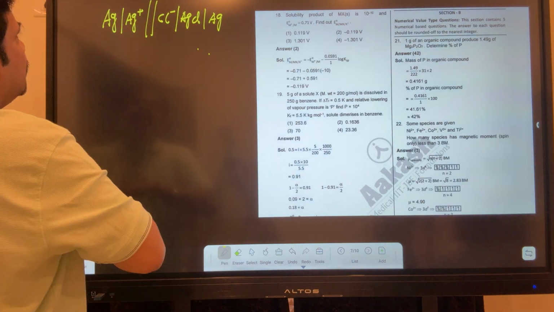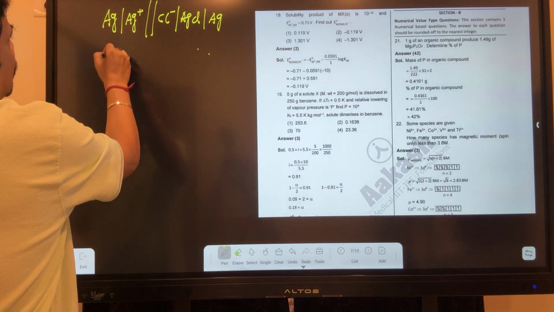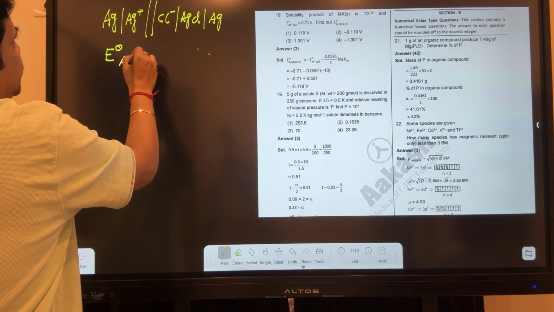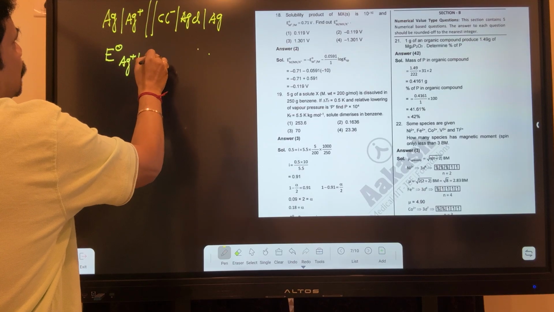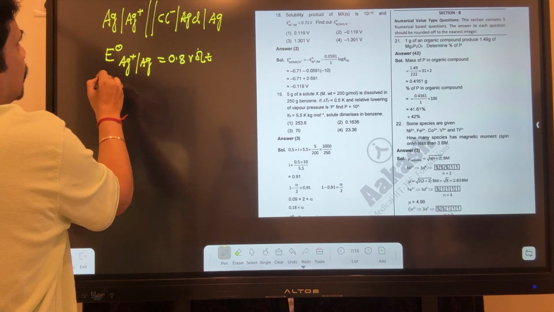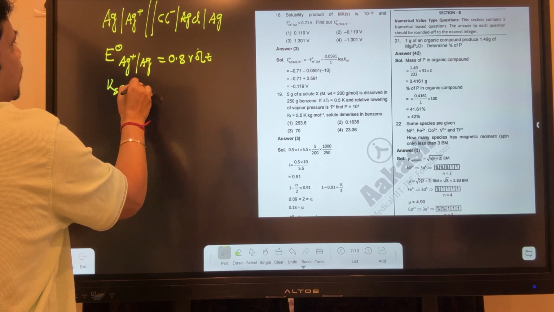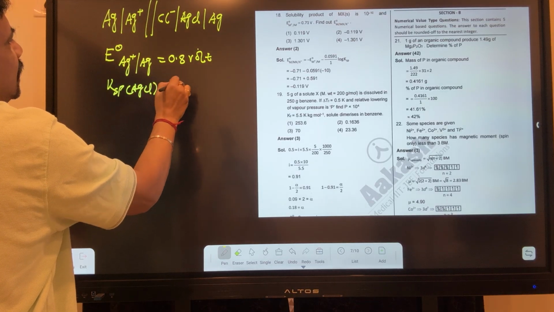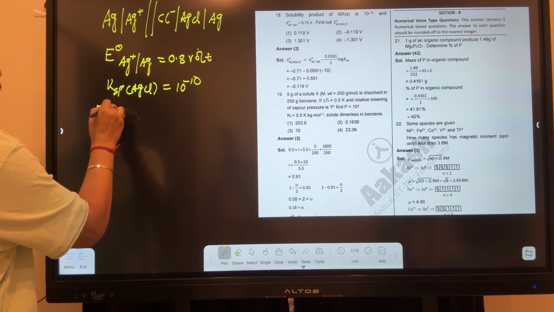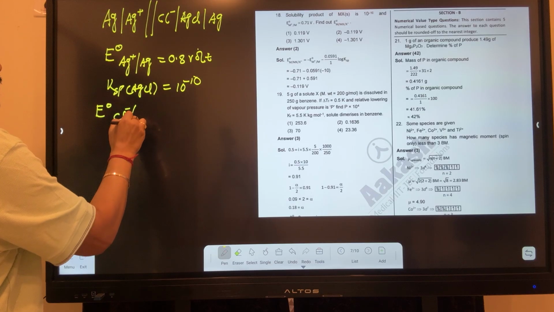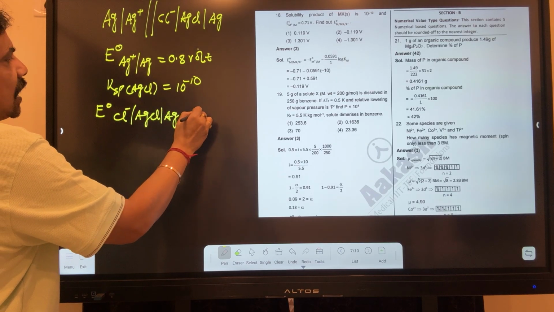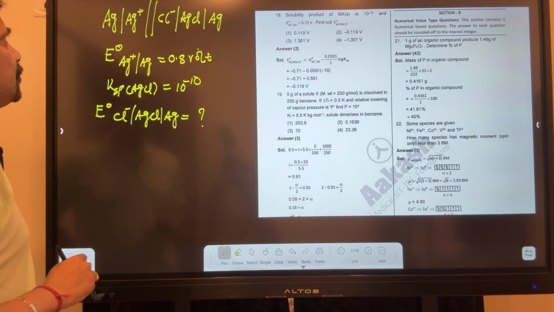Here they are giving E0 of Ag plus to Ag as 0.8 volt and the KSP of AgCl as 10 power minus 10, and they are asking for E naught of Cl minus, AgCl and Ag. This was the problem.